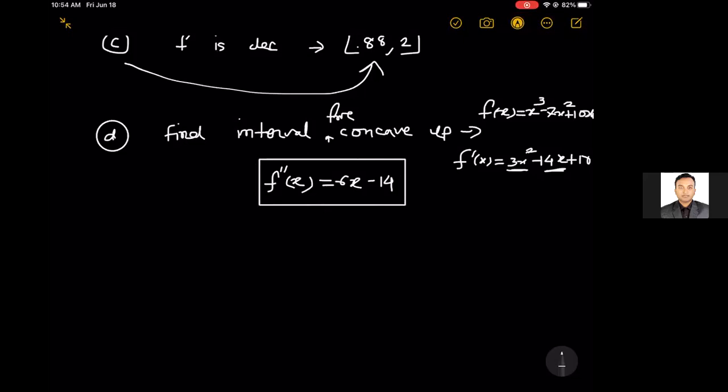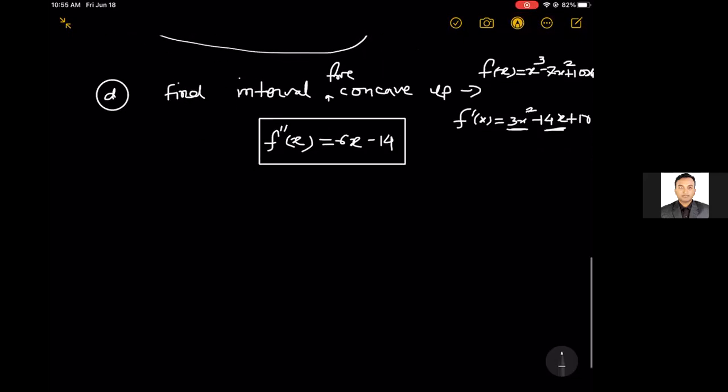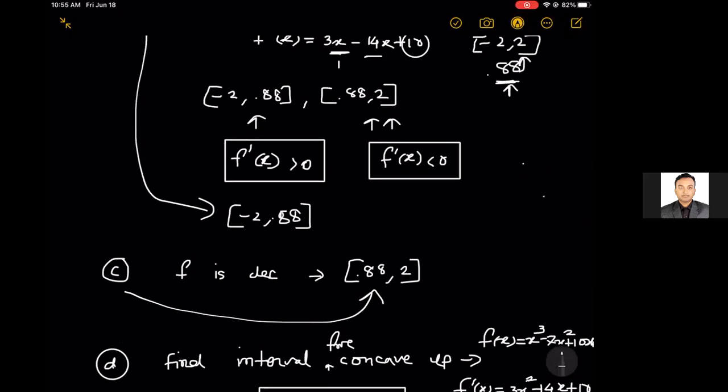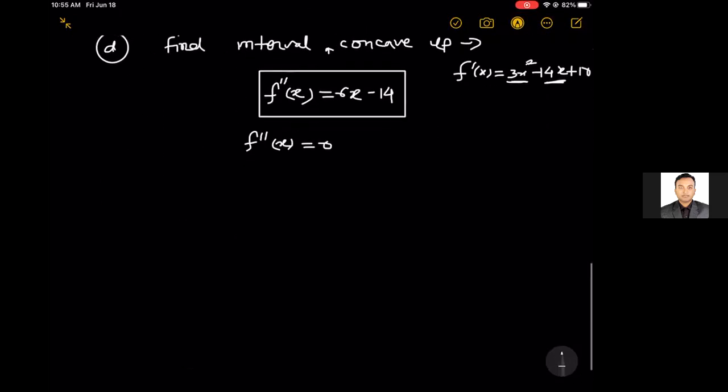Okay, to find the interval for concave up, again, we need to set this to 0 and solve it. And then we'll subdivide the intervals like the way we have done here. And then we'll cross-check where it's concave up and concave down. Okay.